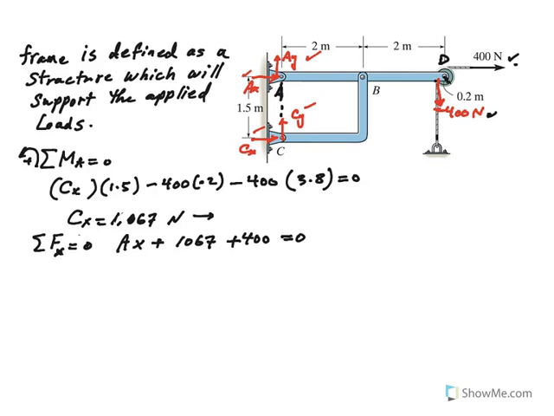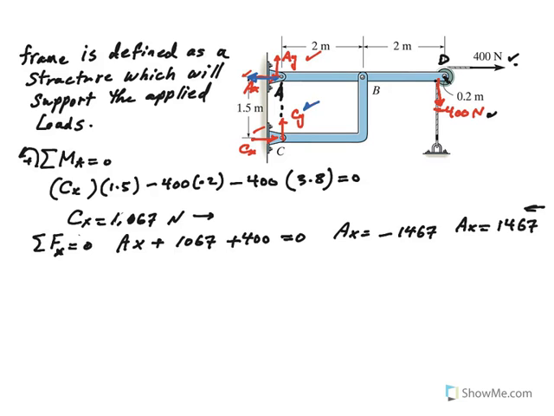Ax should then be minus 1467, roughly, which means that Ax should point the other way. So the correct direction of Ax should switch and be in this direction.